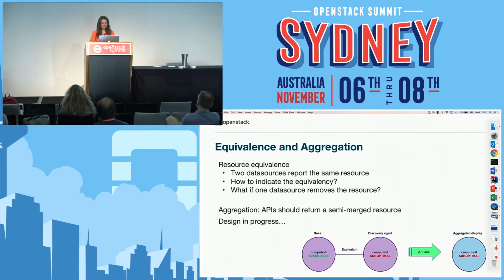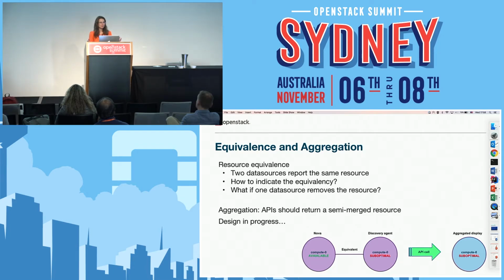There is a very big topic that we are in the middle of designing. It's not finalized yet. There is a spec that is under review. And it's resource equivalence. It could happen that two data sources actually report the same resource, and they may report slightly different properties.